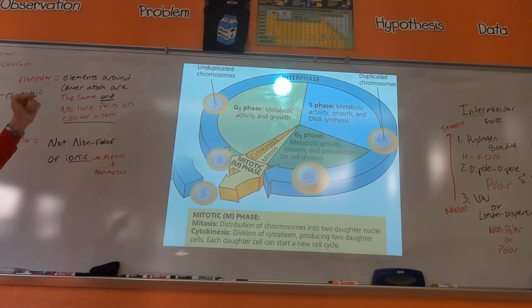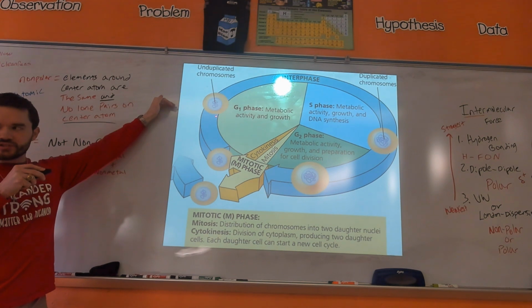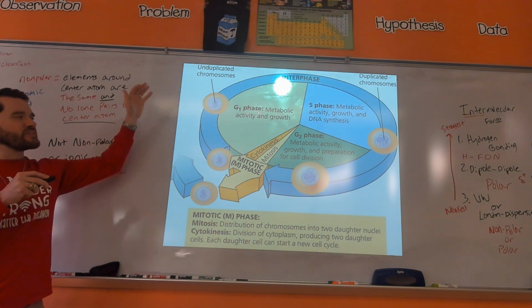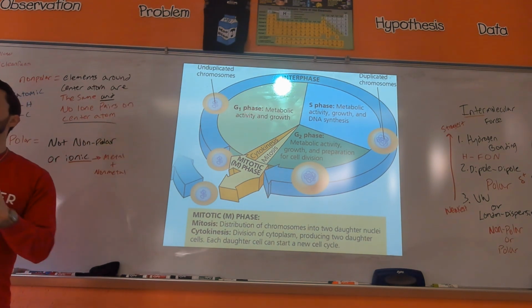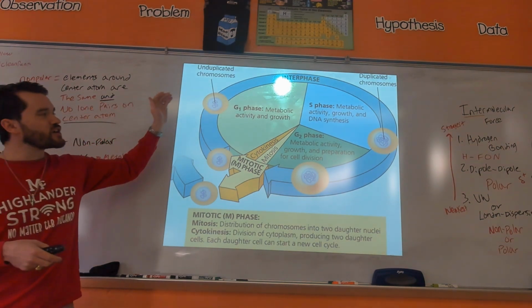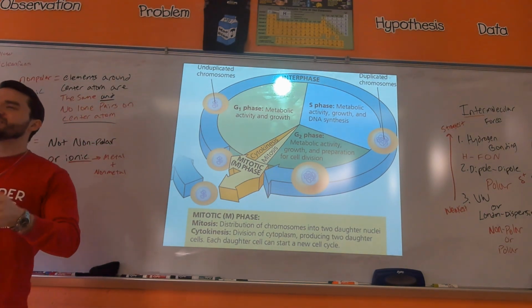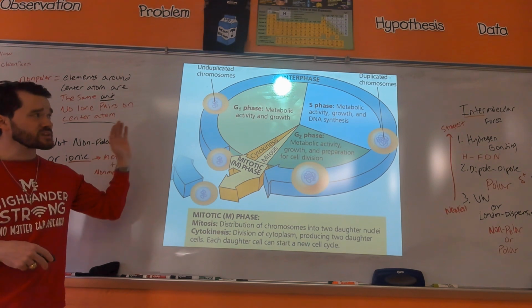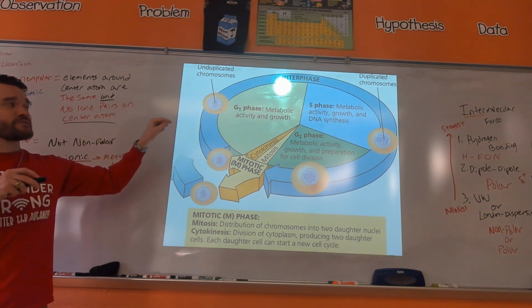Interphase has G1, S, and G2. G1, notice how we have unduplicated chromosomes, so we haven't made copies of the DNA yet, but the cell is just doing some basic normal cell stuff. Maybe growing some of the cytoplasm, making some copies of other organelles. S phase is S for synthesis.